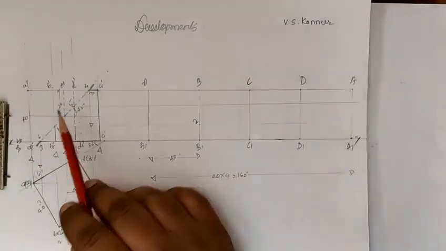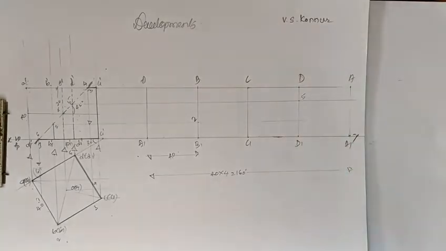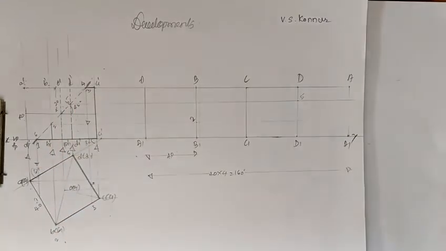Right, the fifth point is on DD1, so here we'll take the fifth point. So the second point I got, the fifth point I got, now we'll go for the first, third and fourth.